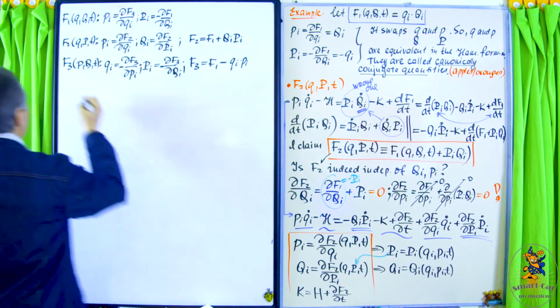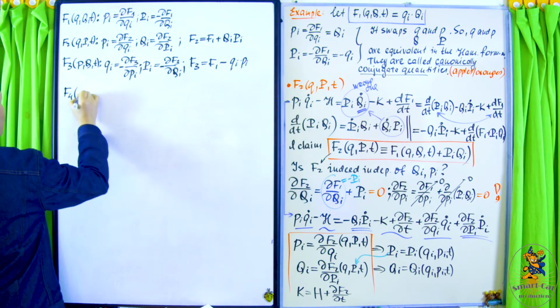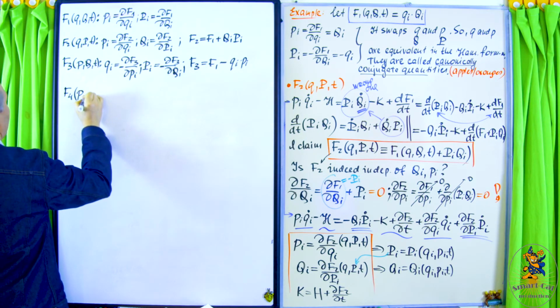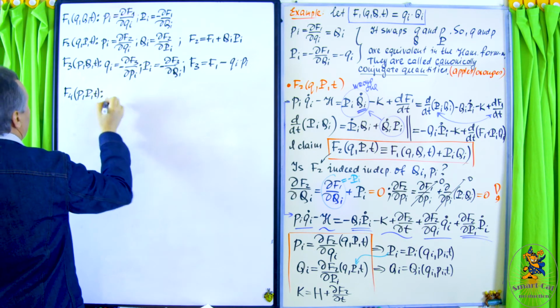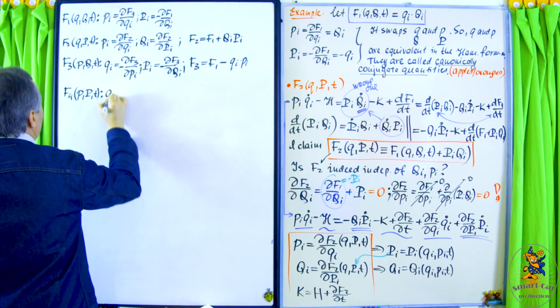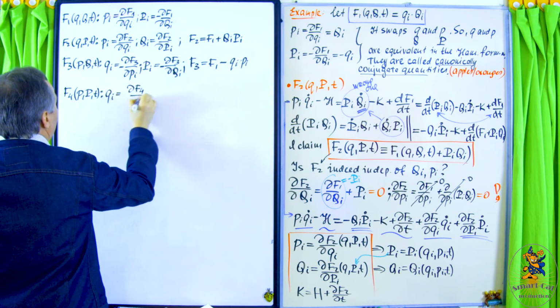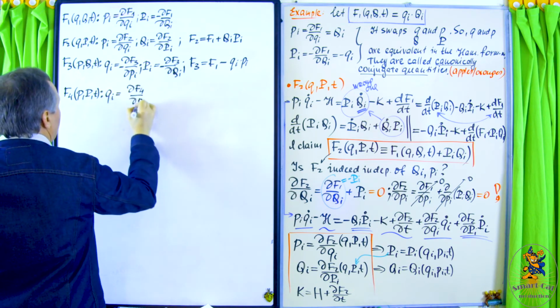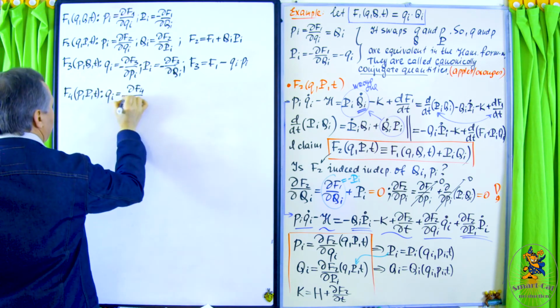And the last one, f4, which should be a function of p small, p capital, and time. So now, again, transformation equations can be obtained from here. So q equals partial derivative of f4 with respect to pi, and the sign, I will look at my notes, minus.